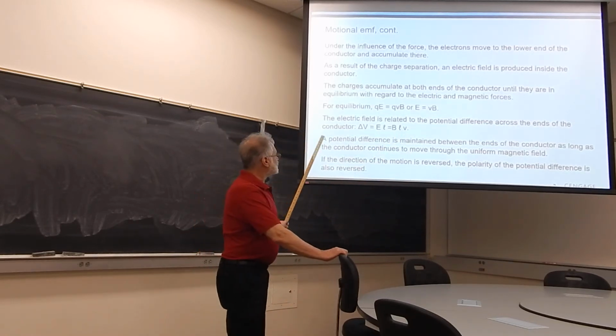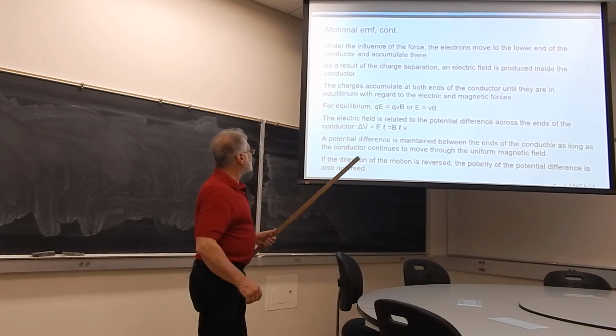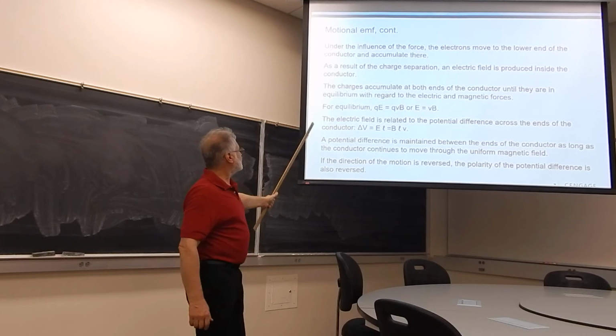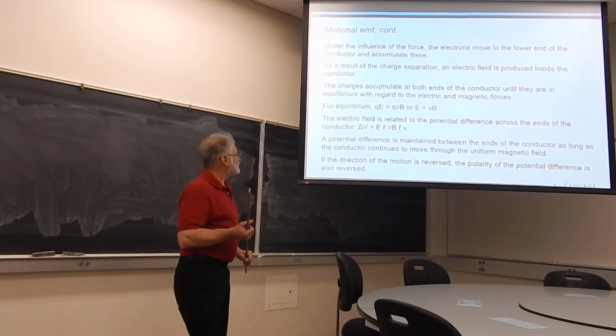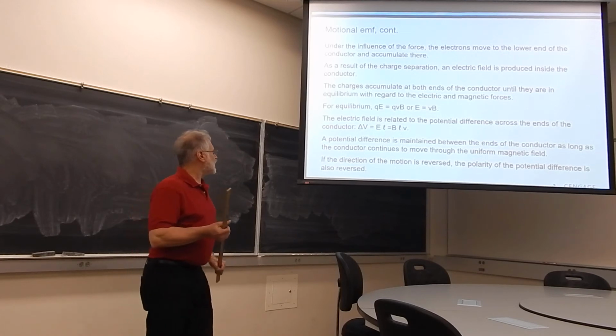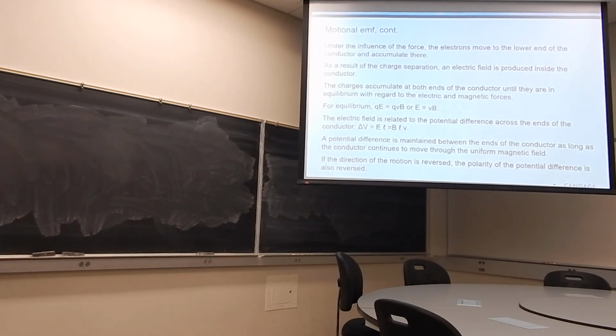As long as the conductor moves through the magnetic field, you'll continue to maintain the potential difference. Of course, if we change the motion, we change the polarity of the EMF that's induced.